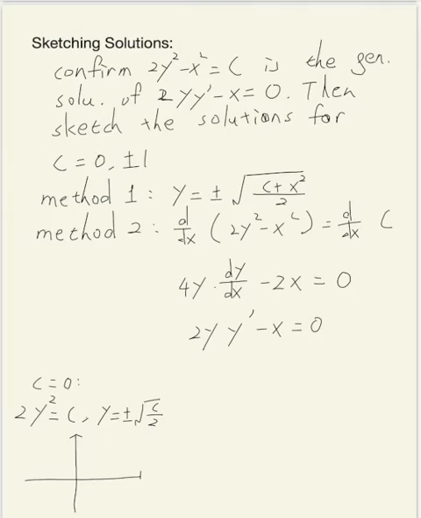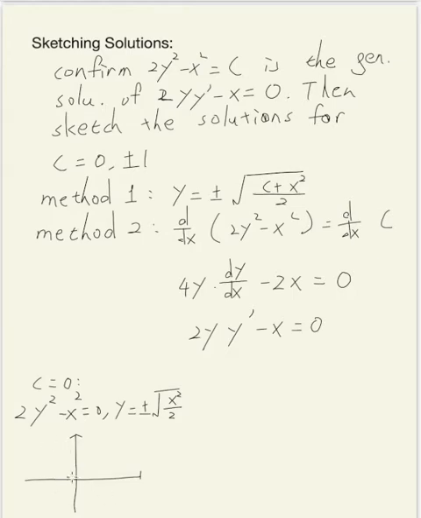Oh, c is 0. What am I doing? I meant, sorry. If we plug in c equals 0, we get 2y squared minus x squared equals 0. And that is equivalent to y equals plus or minus the square root of x squared over 2, or this is the same as plus or minus 1 over square root 2 times x, right?